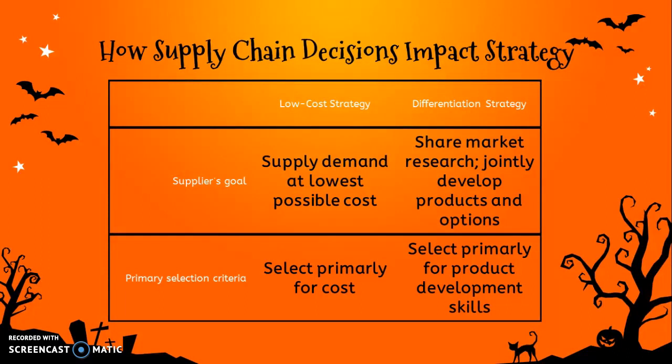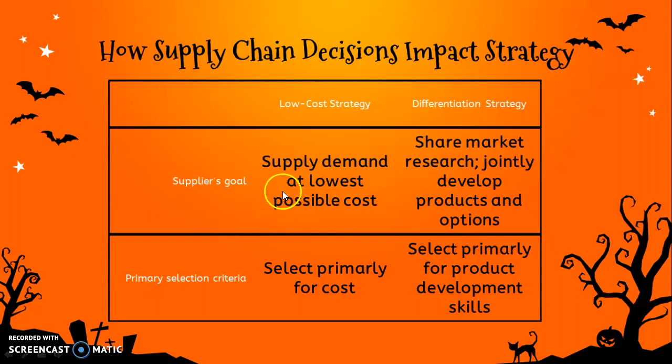So how do supply chain decisions impact strategy? In class, I made you select between the two strategies, low cost strategy or differentiation strategy. Depending on what you choose, you will see what will benefit the company you're working for.